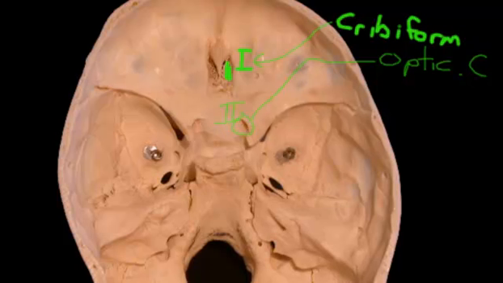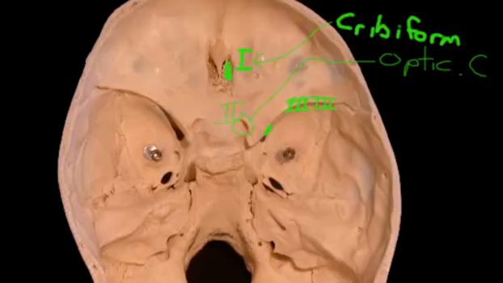The third and the fourth cranial nerves all leave through this little slit just here. It looks better on this side. See this wide open area here?